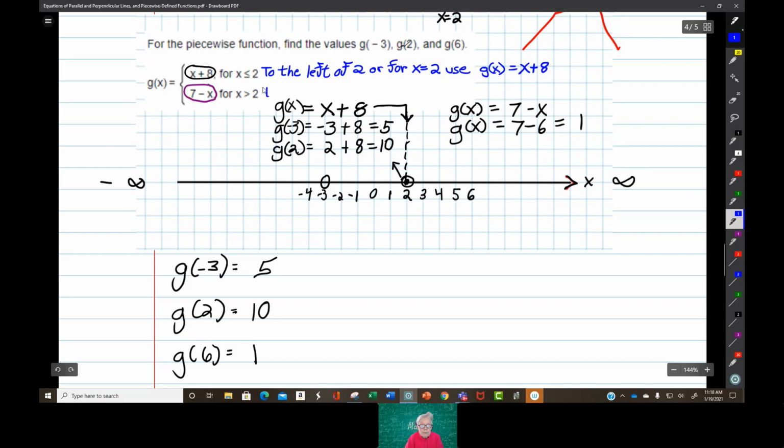To the right of 2, and you can see the arrow pointing to the right here, just like you can see the arrow pointing to the left up here, to the right of 2, use g of x equals 7 minus x.